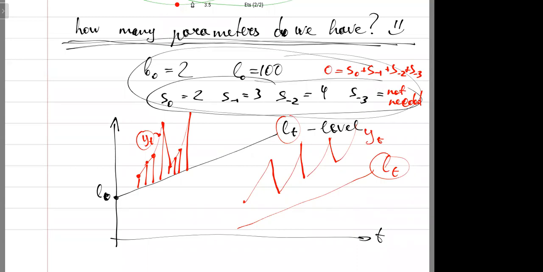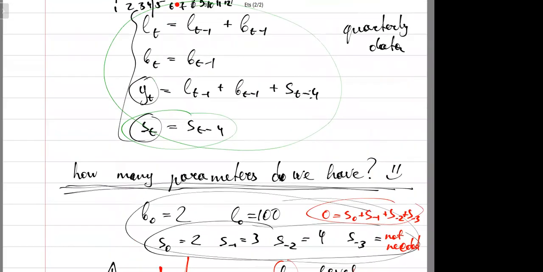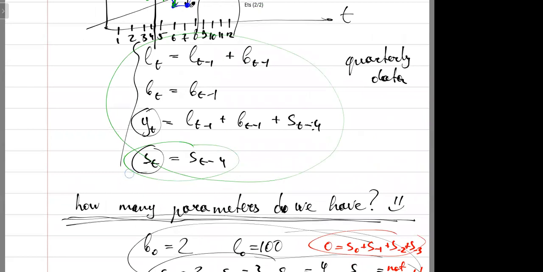So in this case, we have 6 parameters in total. We have an additional equation to make our model interpretable: S0 plus S minus 1 plus S minus 2 plus S minus 3 equals 0. Otherwise it would be strange that you have a trend that is always below your actual y, not just once or twice.